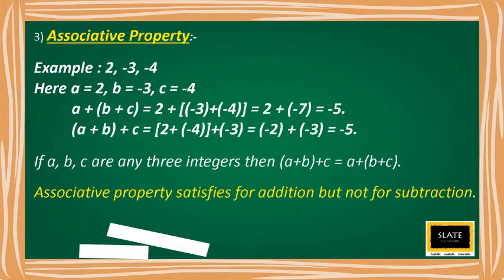The result is same. If a, b, c are any three integers, then a plus b plus c is equal to a plus b plus c. Associative property satisfies for addition but not for subtraction.